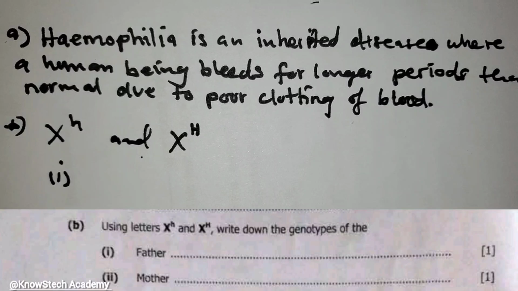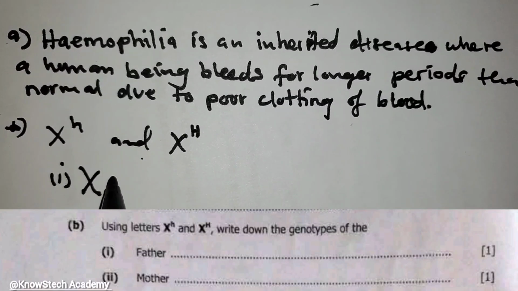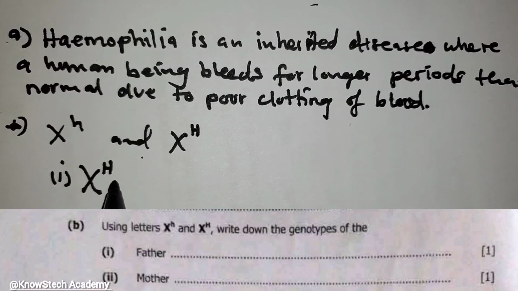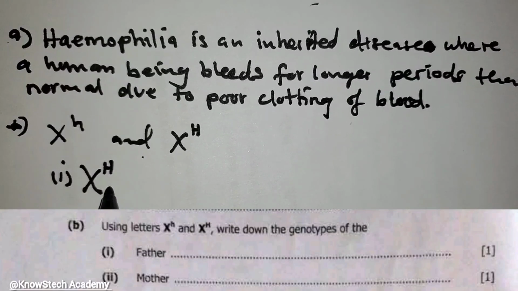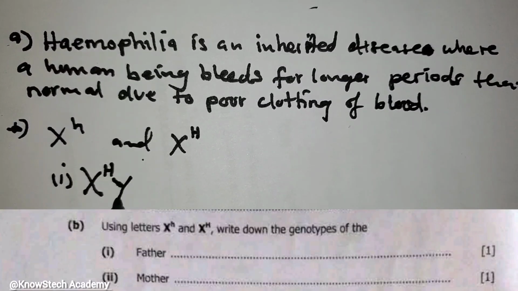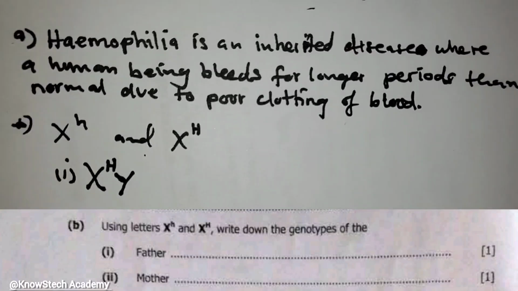So the father was non-hemophilic, meaning the genotype of the father was like this, capital H, because hemophilic is recessive. So this is the genotype of the father.